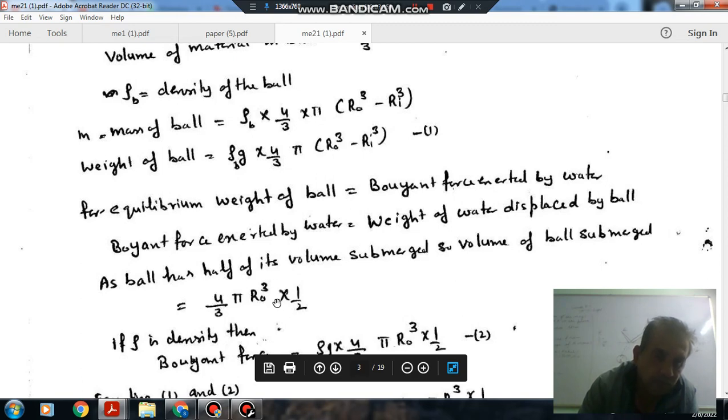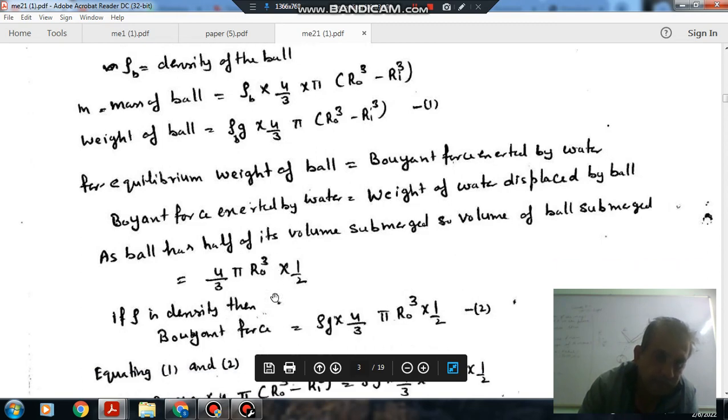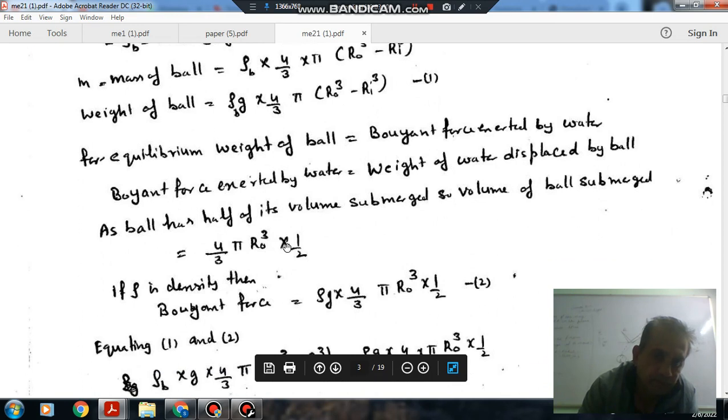If we multiply it by density of water and g, then it is the buoyant force. This is the volume of the ball inside the water, or volume of water displaced, into rho g. So this is your buoyant force.